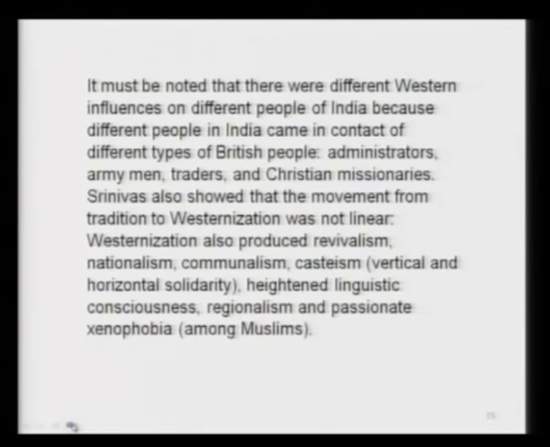Westernization also produced revivalism, nationalism, communalism, casteism, vertical and horizontal solidarity between different communities, heightened linguistic consciousness, regionalism and passionate xenophobia among Muslims.